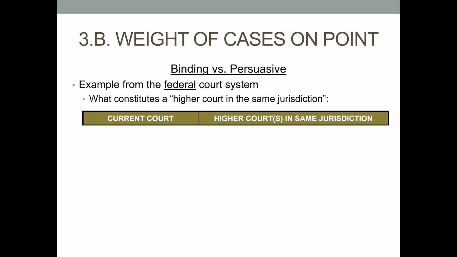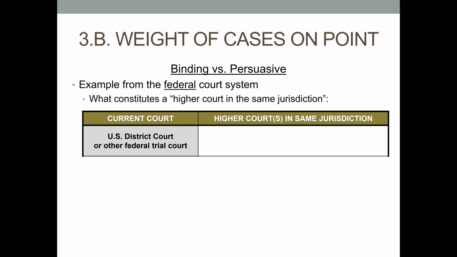So I've got here a chart, and the left-hand column will be the type of court that your client is currently in, and then in the right-hand column, we'll look at what courts would constitute a higher court in the same jurisdiction as that court.